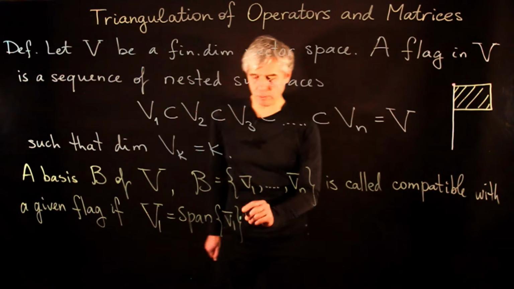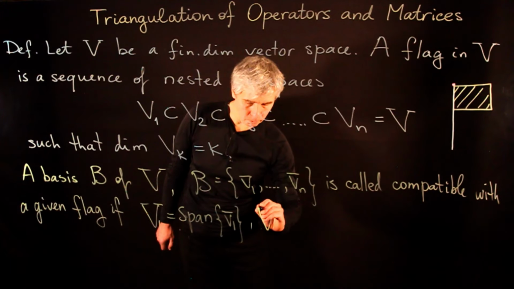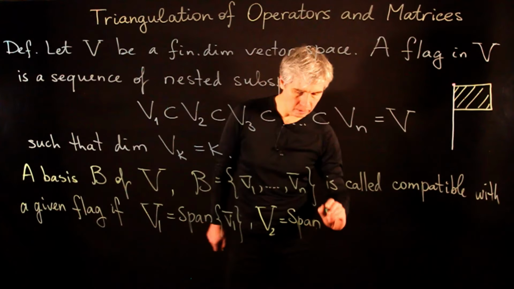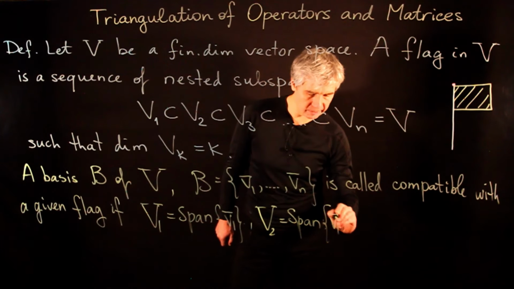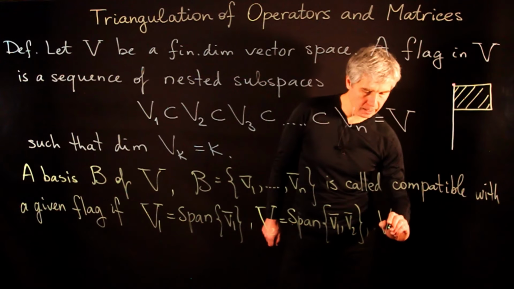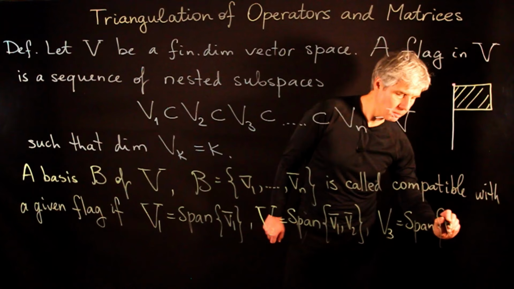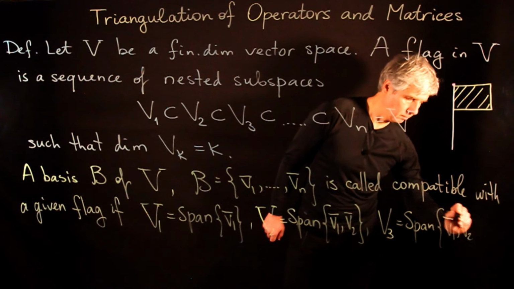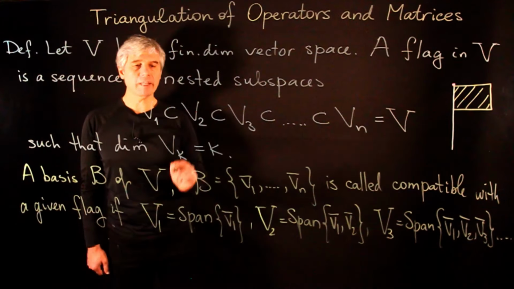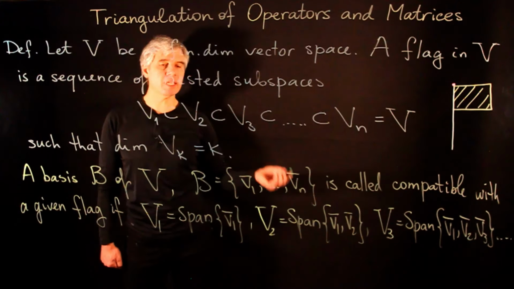So it's a one-dimensional space spanned by the first basis vector. The space V2 is the span of the first two basis vectors. The space V3 is the span of the first three basis vectors, and so on.